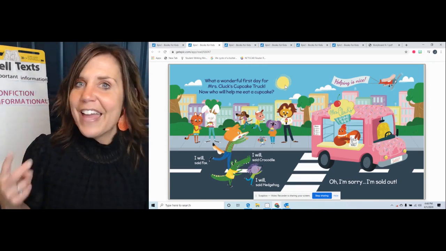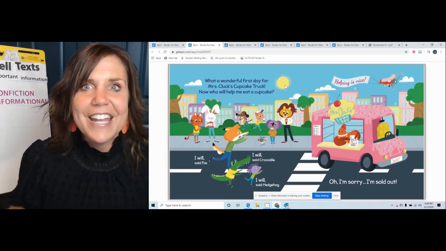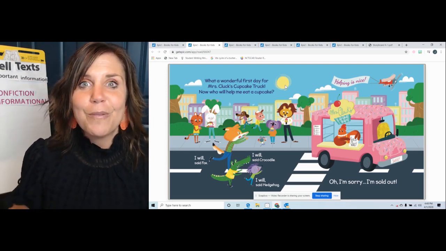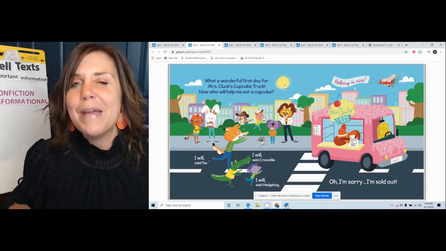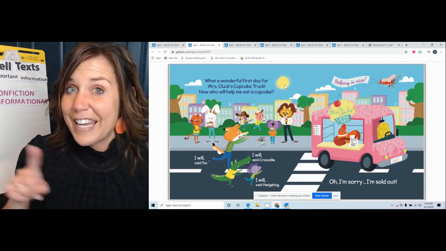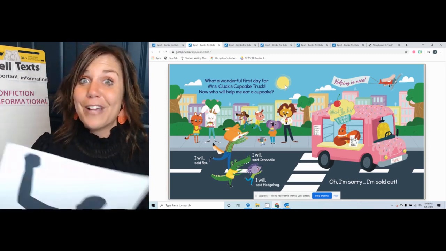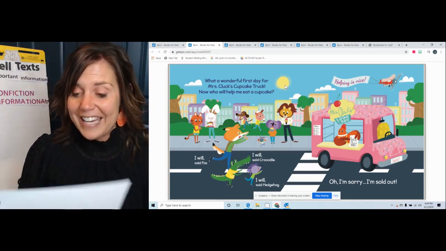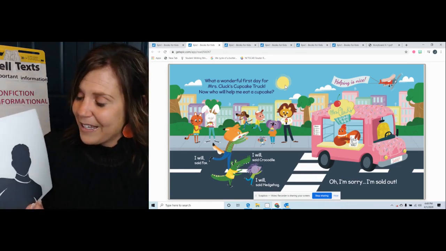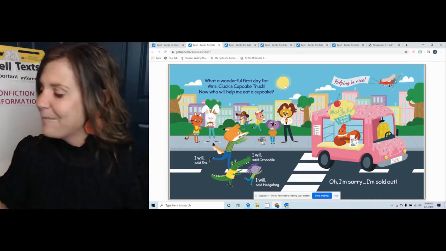The crocodile and the hedgehog and the fox, they didn't get to eat a cupcake. She told them that she was sold out, and maybe they'll learn a lesson. You think next time maybe they'll help her? I do. So I think her problem got fixed because they learned their lesson. And next time they'll help Little Red Hen so that they can have a cupcake, right?